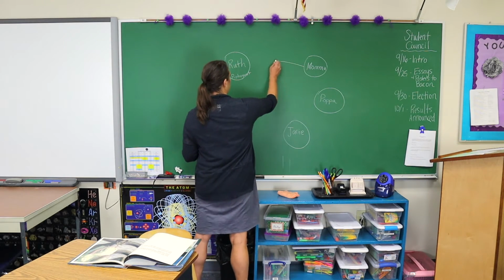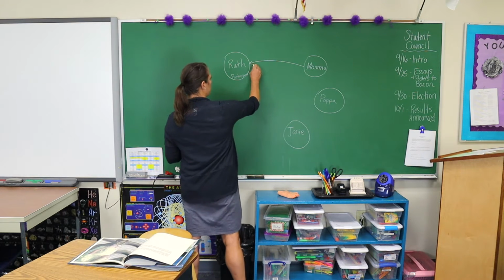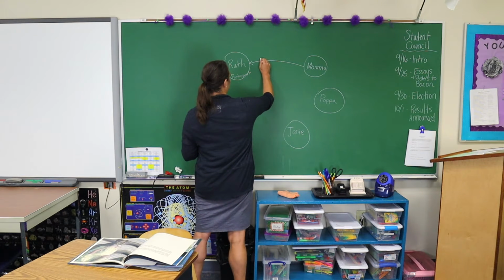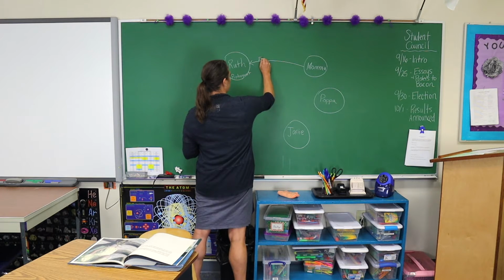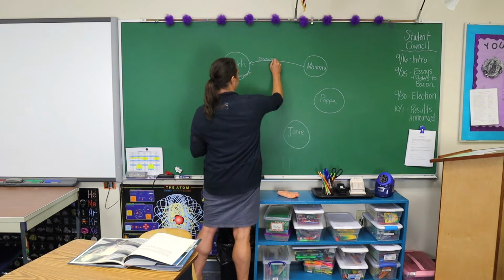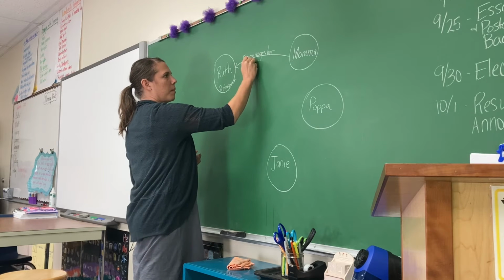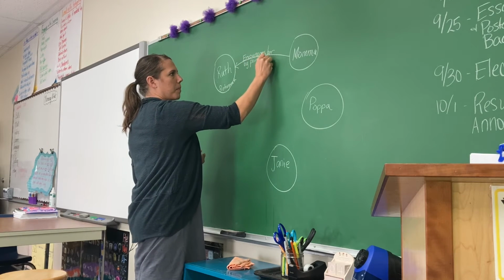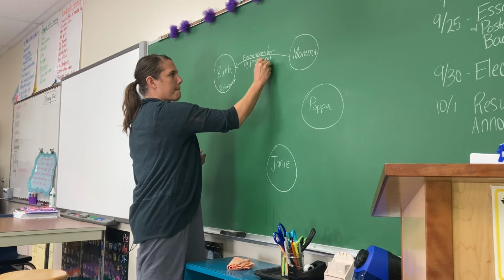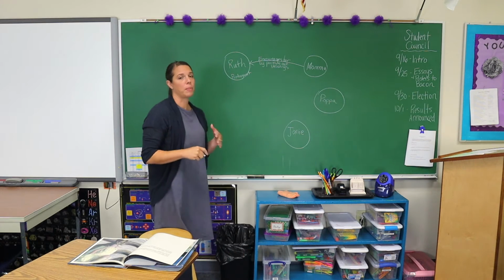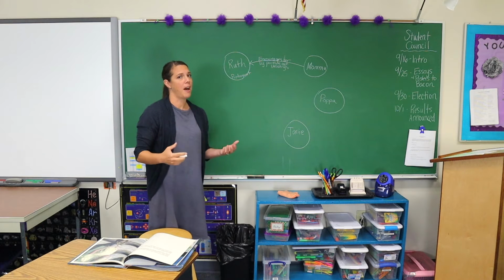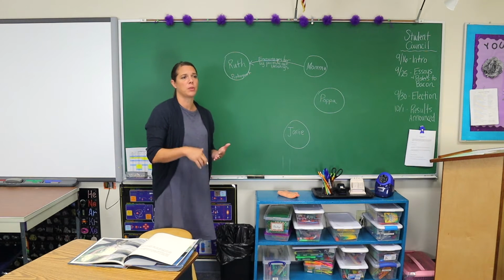And I do that by pointing an arrow from Mama to Ruth. And I'm going to say that she encourages her by pointing out the blessings that they have around them, whether it's the cool breeze or the food on the table.